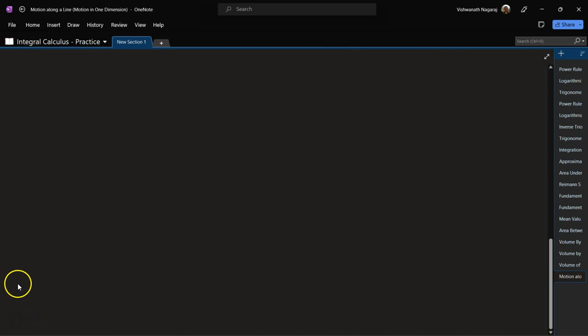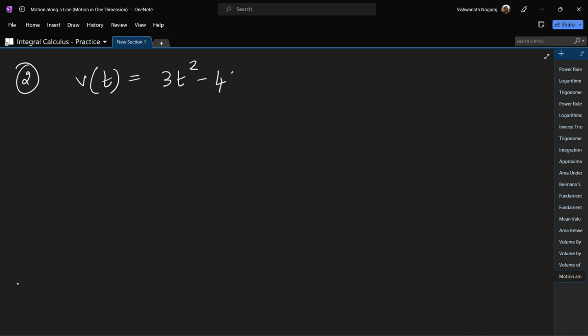Second one, v of t is equal to 3t square minus 46t plus 120. And we are given that the displacement at time 0 is equal to 0.